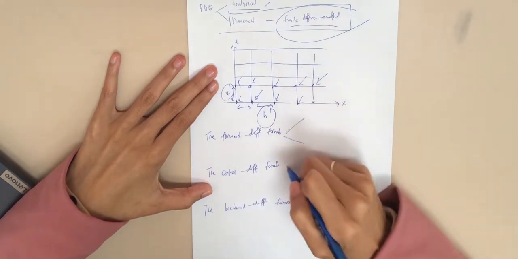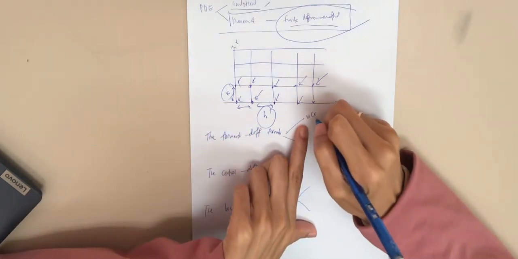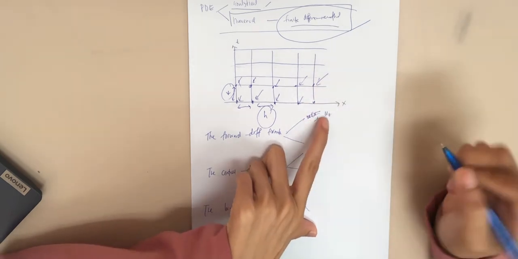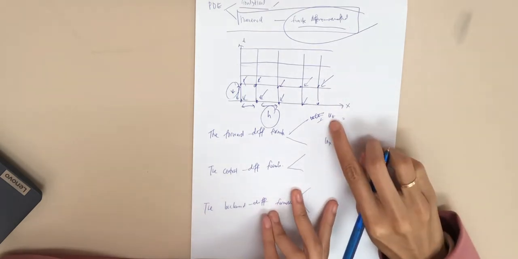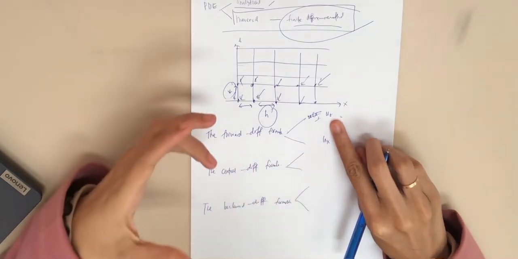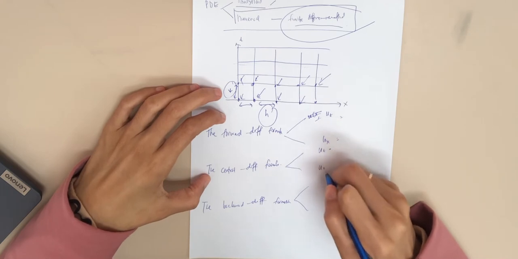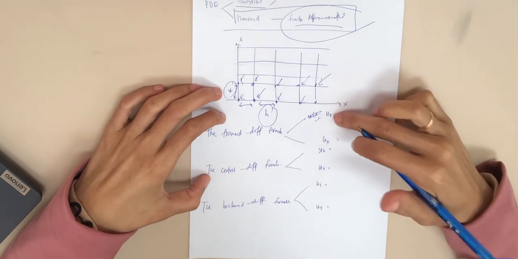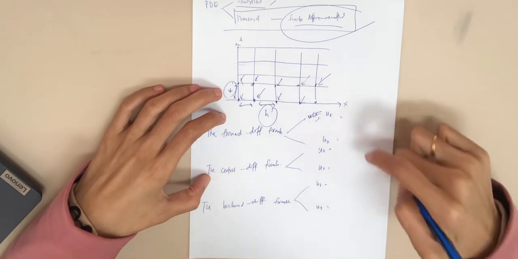The first one here is for u_t, I just write u_t, and for u_x. You know that u_t means differentiate with respect to t, and u_x here is differentiate with respect to x. It's the same for the others. So u_t means differentiate only once with respect to t, and u_x means you differentiate only once with respect to x.